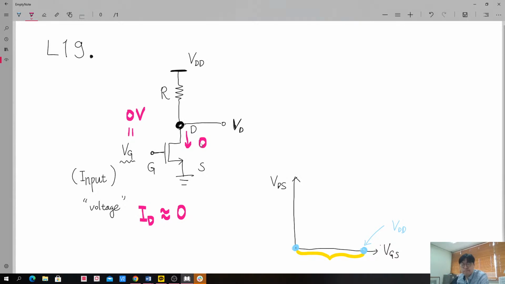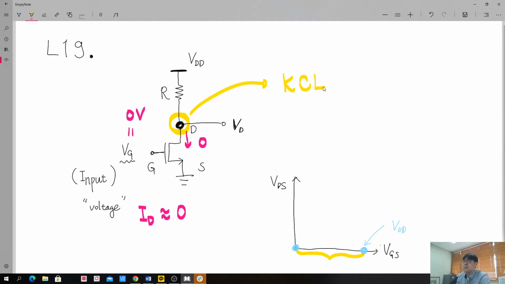Okay, so then think about this one. Here we have a certain circuit node where two circuit elements are meeting together. What are those two circuit elements? Yes, one MOSFET and one resistor. So in this case, of course, we have to satisfy the KCL.